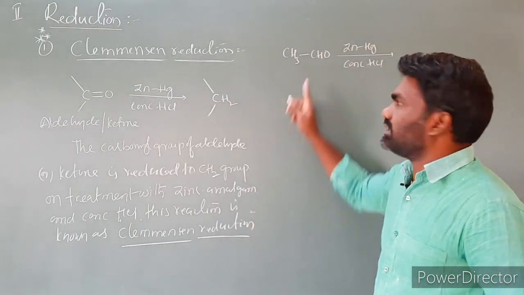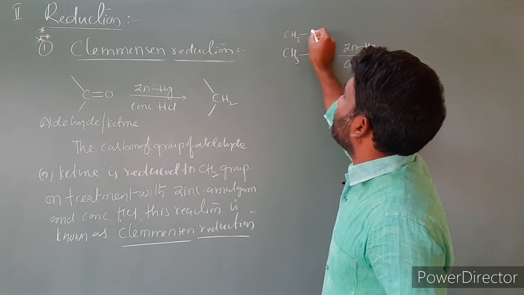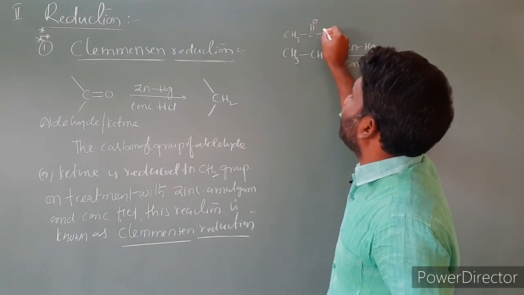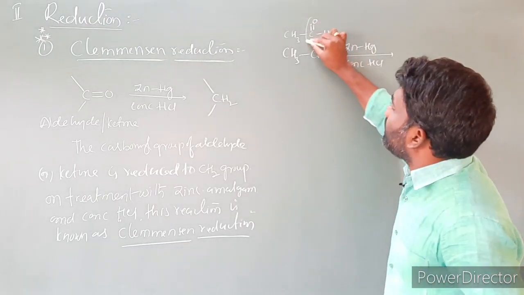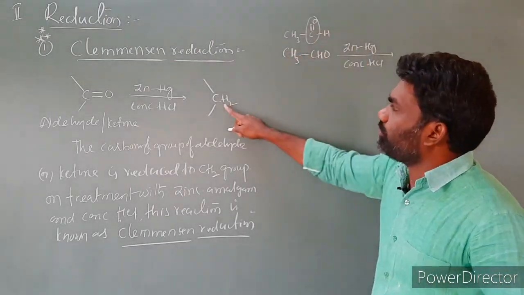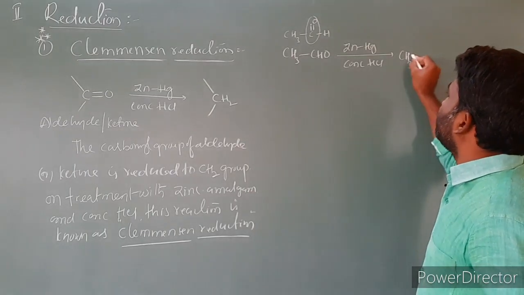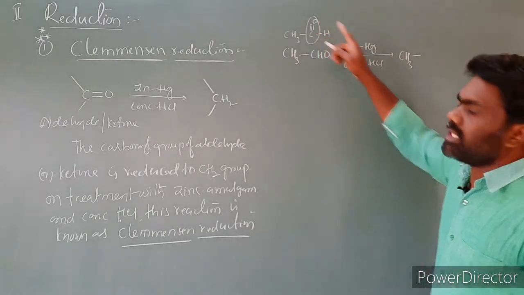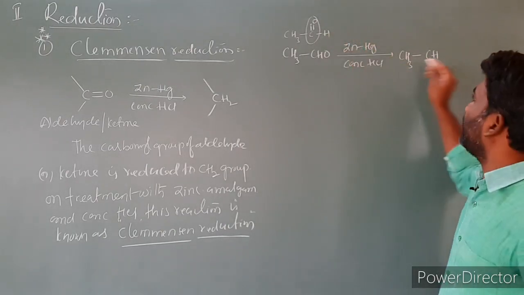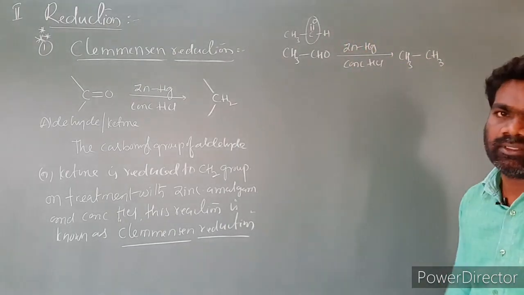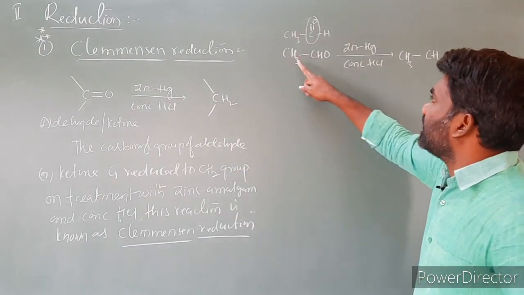This is an aldehyde, and we can write the group as CH3 C double bond O H. This is the carbonyl group. This group is reduced to what? CH2. Then the product we write is CH3CH2 with one more hydrogen, together CH3. So the product is a hydrocarbon. This is the first reaction.